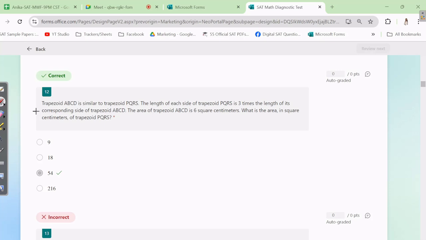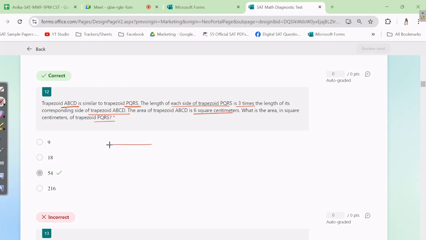This is exactly based on this theorem. This says that trapezoid ABCD is similar to trapezoid PQRS. The length of each side of trapezoid PQRS is 3 times the length of its corresponding side of trapezoid ABCD. The area of trapezoid ABCD is 6 square centimeters. What is the area in square centimeters of trapezoid PQRS?